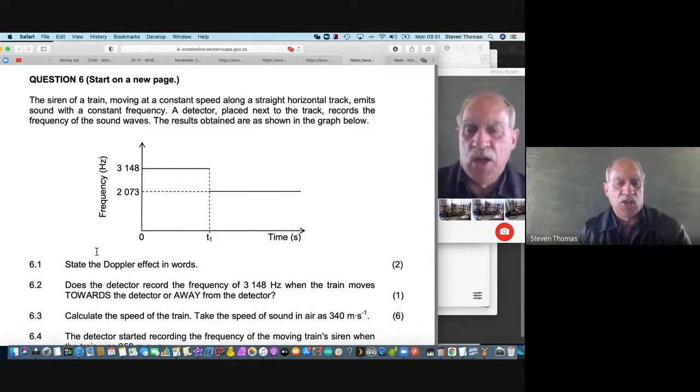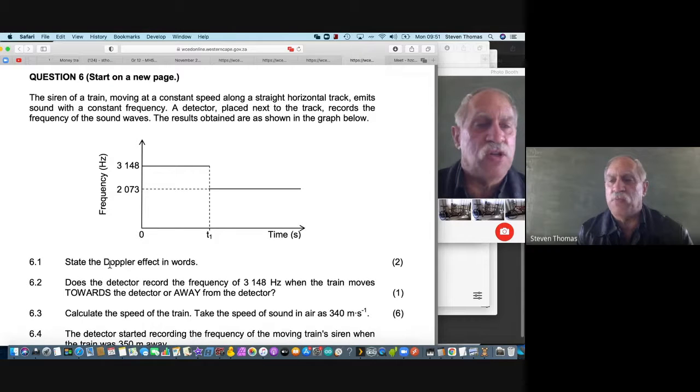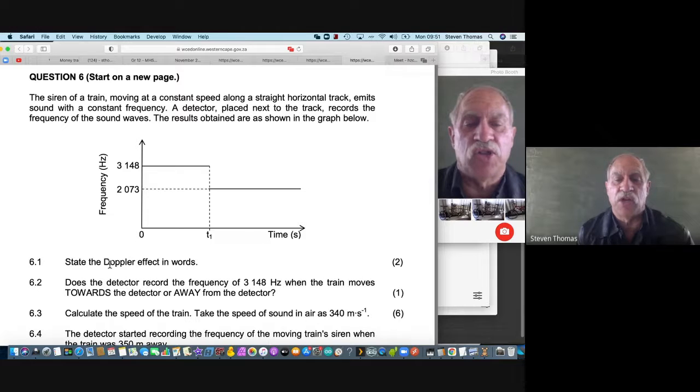State the Doppler effect in words. What is the Doppler effect in words? It is the apparent change in frequency between a source of sound and a listener when they are moving relative to each other, moving together or apart.